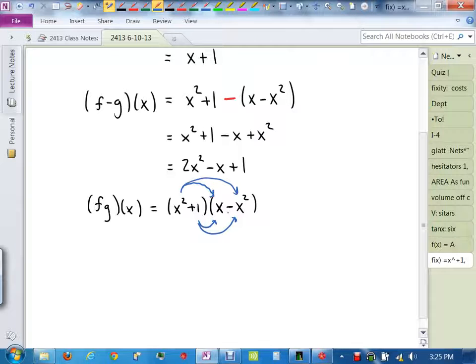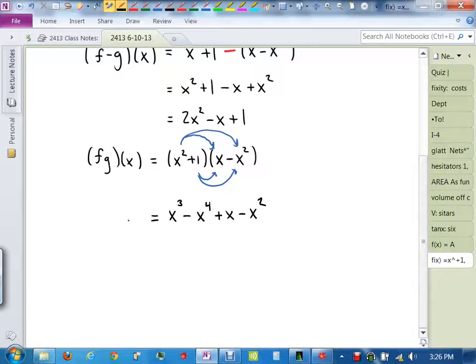Foiling is the cute name for it. What's the proper technical name for it? Expanding. It's called expanding. All right, so we're expanding these binomials. So x squared times x is x cubed, right? X squared times negative x squared is negative x to the 4th plus x minus x squared. Oh, we don't even have any like terms, do we? So I could leave it like that, or I could put it in descending order. I'm just going to leave it.